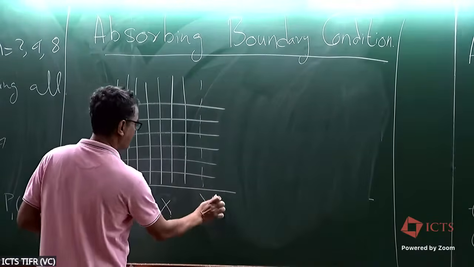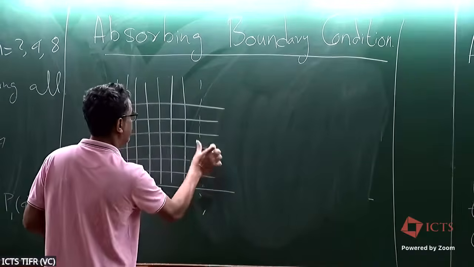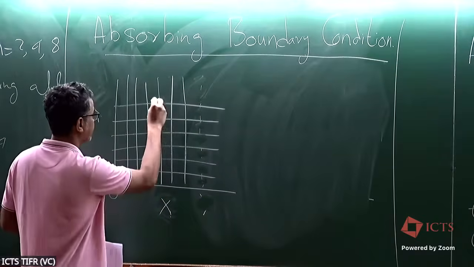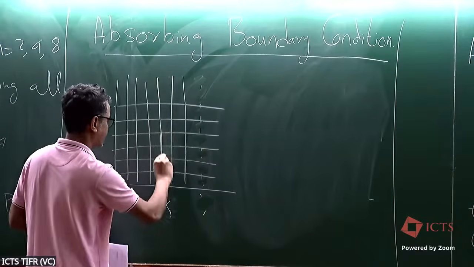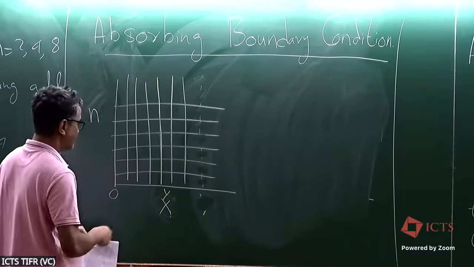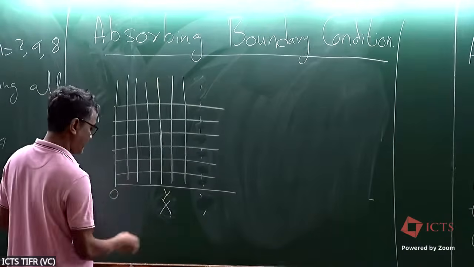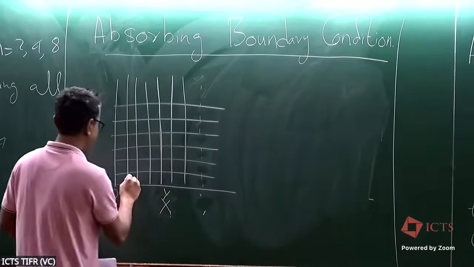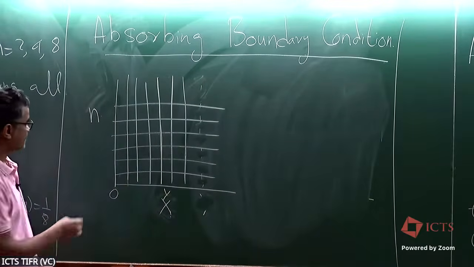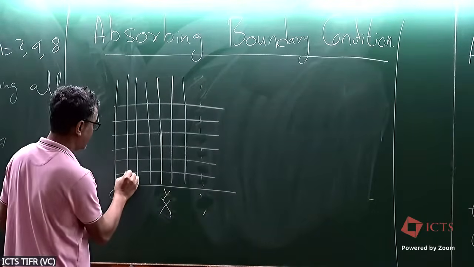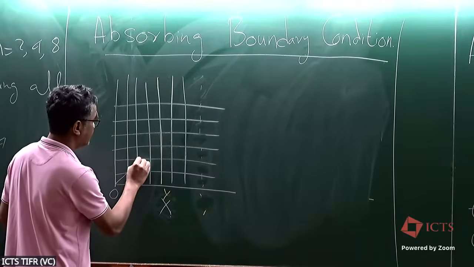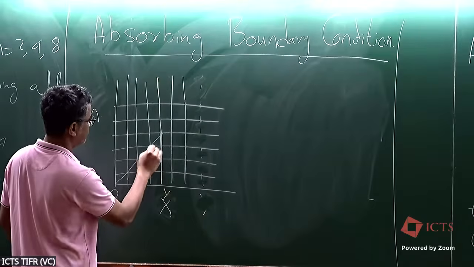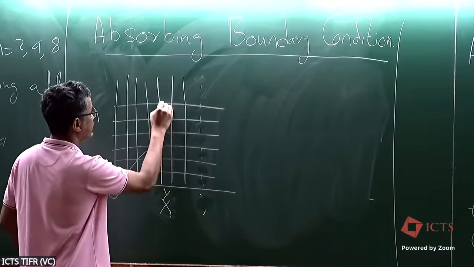Okay, I don't want to go this far. Supposing I'm looking at some point like here. So if there are 2 to the power n possible walks, and any walk let's say after 6 steps might be a walk like 1, 2, 3, 4, 5, 6.